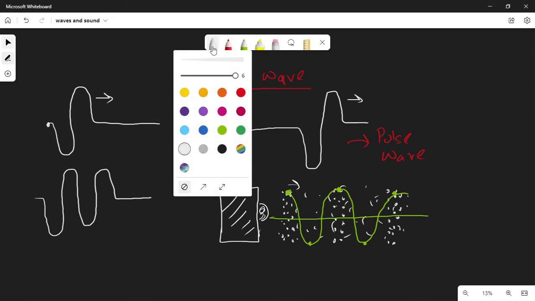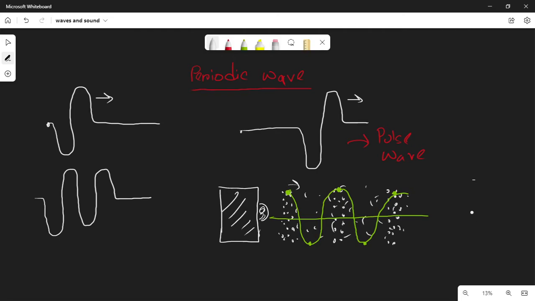So now I want to show you how this periodic thing works. So if someone asks you what it's called, the maximum height, it's called the peak.